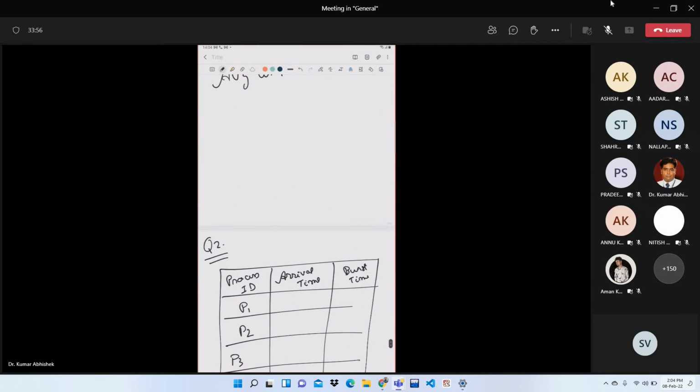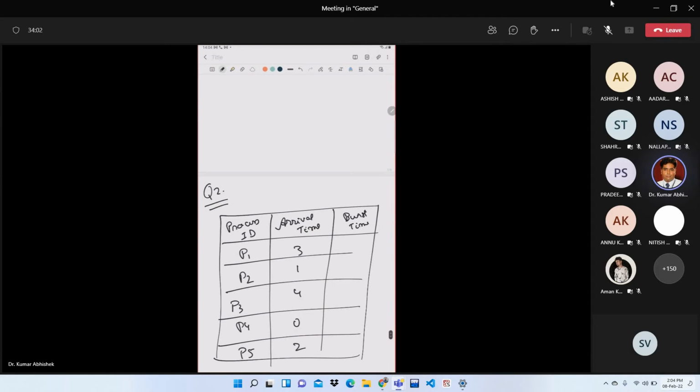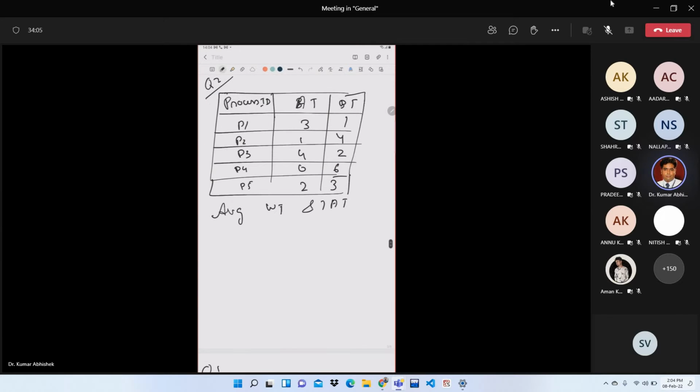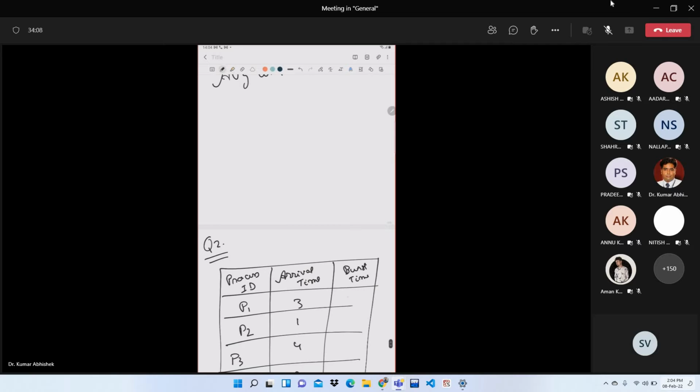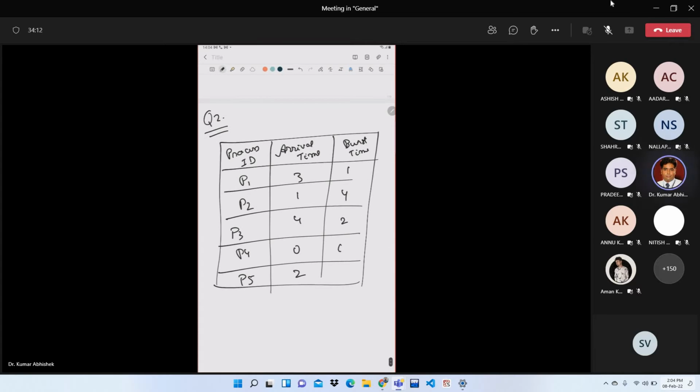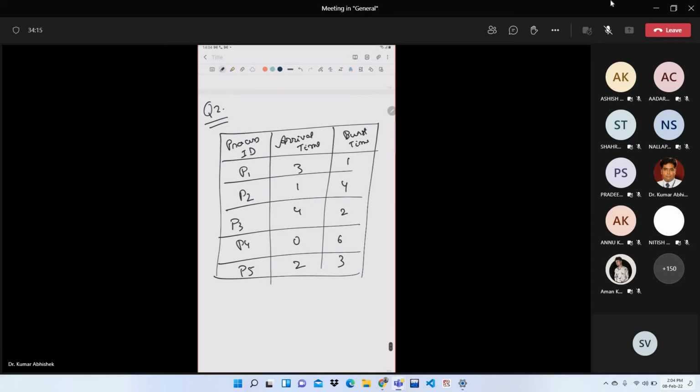0, 2, 1, 4, 2, 6, 3. P4, 1, and P4 equal to 5, P2 equal to 4, 2, 2.